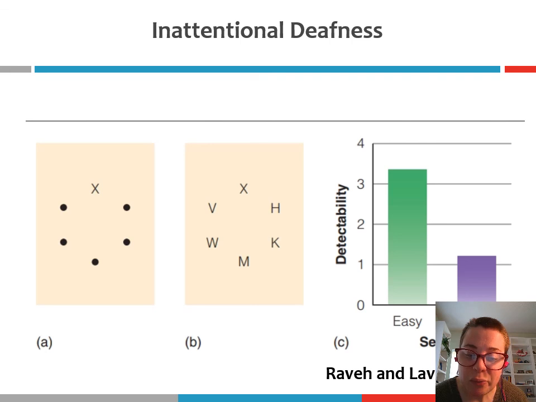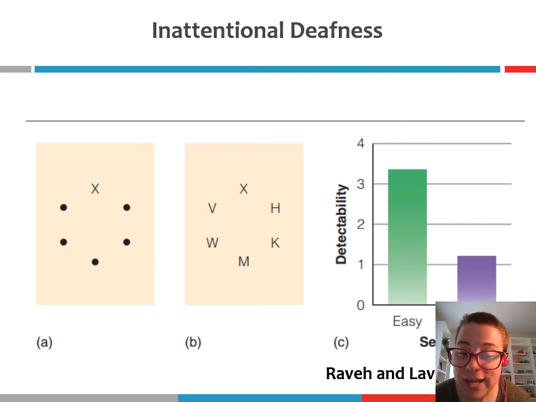Perceptual load theory says that we have a finite number of resources available, and the more challenging or the more depleting of our resources the task is that we are focusing our attention on, the fewer resources we're going to have left over to detect unexpected events. So we have a limited capacity attentional system with a finite number of cognitive resources available.